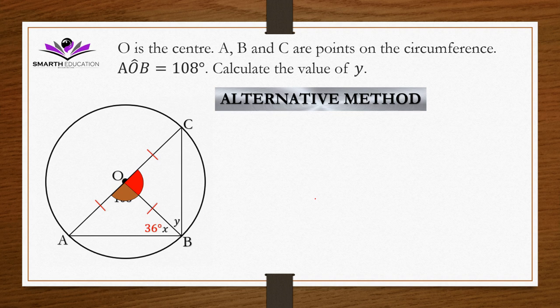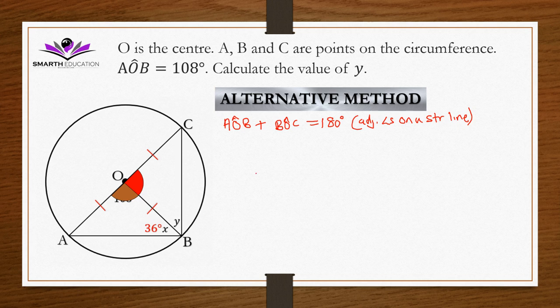So now we can say angle AOB plus angle BOC is equal to 180 degrees because they are adjacent angles on a straight line. Angles on a straight line add up to 180 degrees.